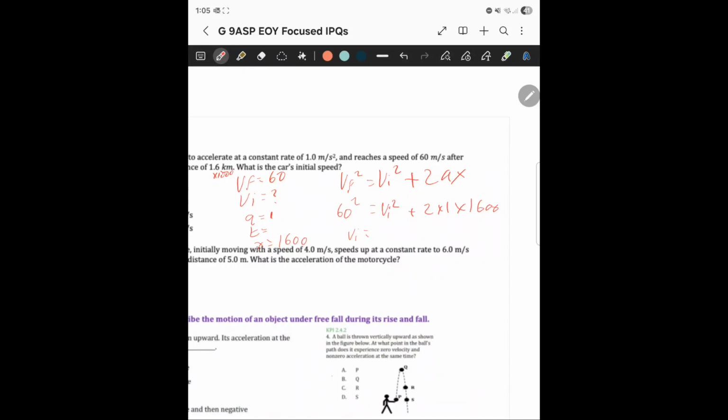Let's do the shift solve method again, just for fun. 60 squared alpha equals, Vi is what I need, so I'll call that alpha x, squared, plus 2 times 1 times 1600, shift solve 0. Because there's a square in this, it's going to take a little bit longer for the calculator, and it comes back with an answer of 20. Very good.